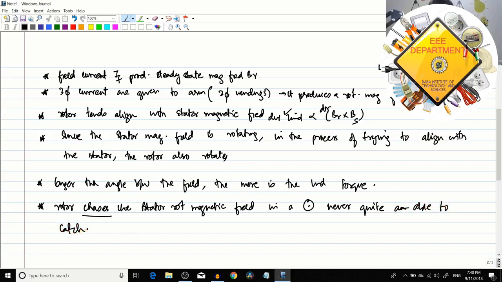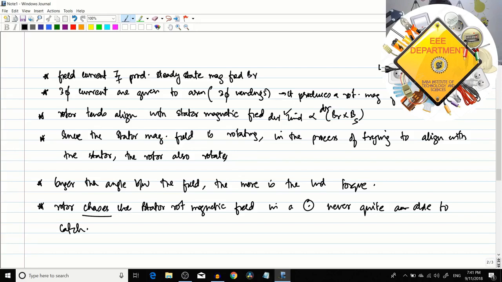One important thing you have to remember is that I have told you about the steady state operation of the synchronous motor. The rotor is already rotating, and I have just explained how it rotates. I have not told you how it actually starts rotating.